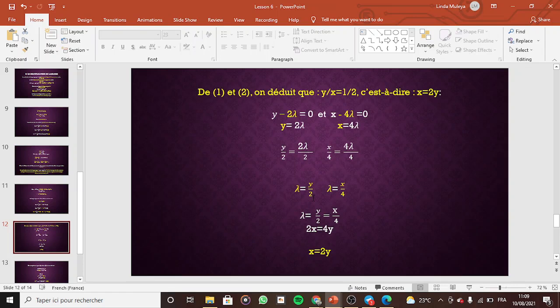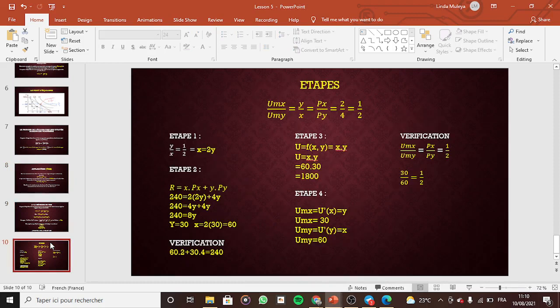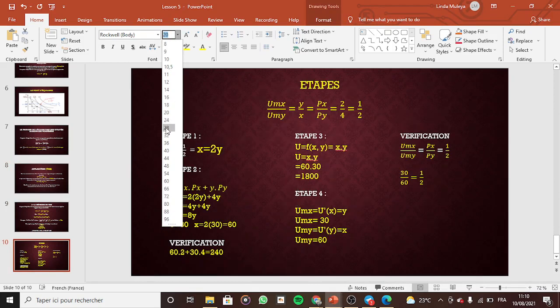When you cross multiply these two, it gives you 2x is equal to 4y. Divide by 2, it gives you x is equal to 2y, which is the same thing we found when we used TMS, which is this case here. X is equal to 2y.